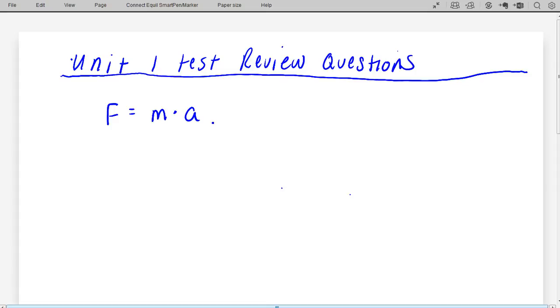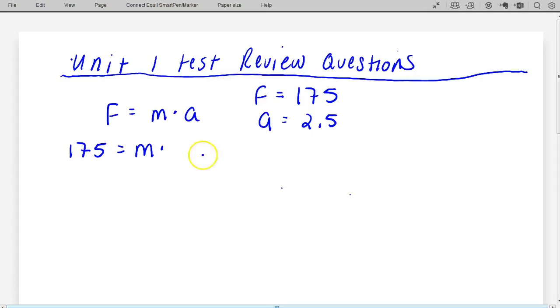And we're going to go ahead and do some substituting. F, the force, is 175 newtons, and the acceleration is 2.5 meters per second squared. So we just substitute those numbers in and solve for mass. So instead of F, it's 175 equals your mass, what we're looking for, times 2.5.